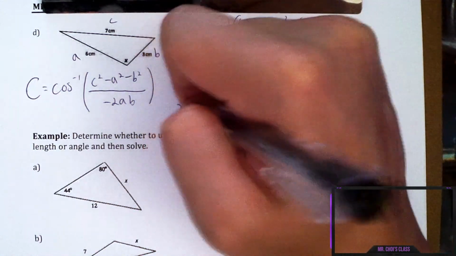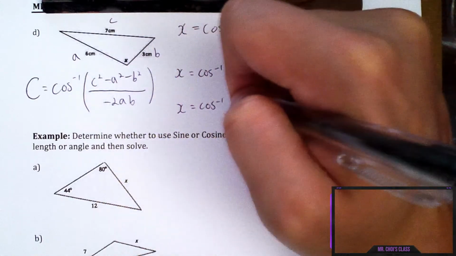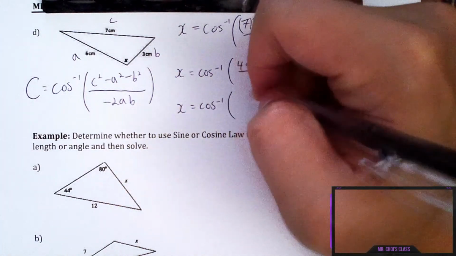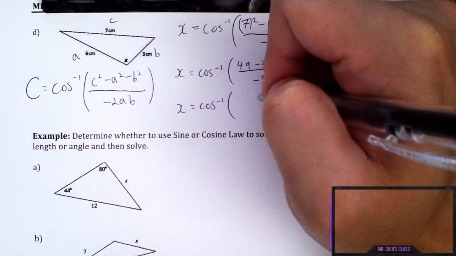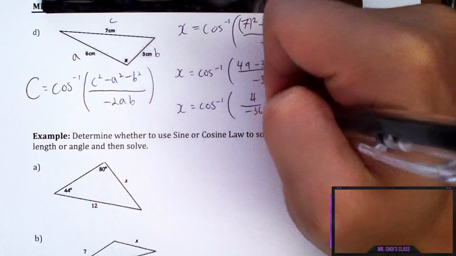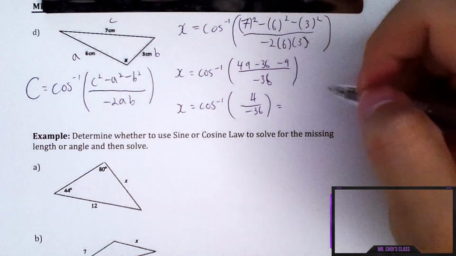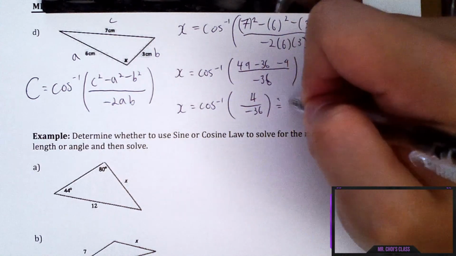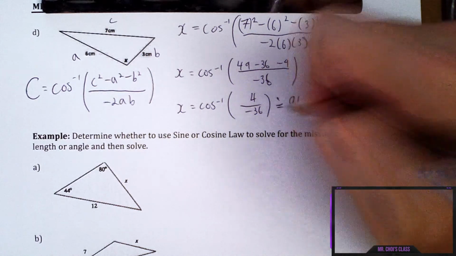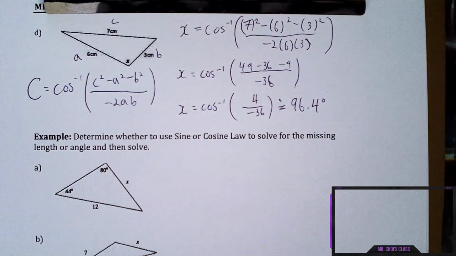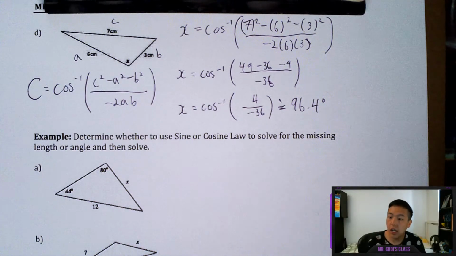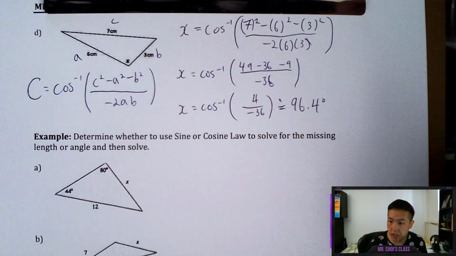So x is equal to cos inverse of 4 here over negative 36, which will give me approximately 96.4 degrees. Okay. So there should have been your answer. Oh, I'm not showing my face, but yes. That should be your answer, 96.4 degrees.